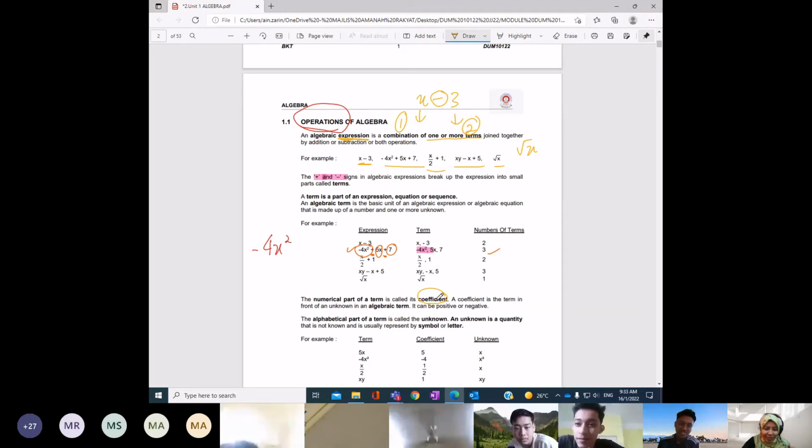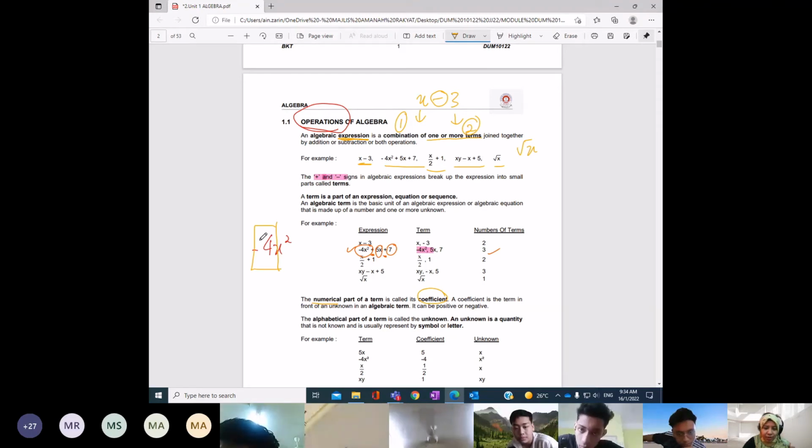Coefficient. Alright, so now we are talking about coefficient. Coefficient is the numerical part of a term. Numerical part of a term is this one lah. Alright, so kalau term tu ada, kita panggil unknown lah kan, kat sini kan ada unknown, lepas tu dia ada numbers, that numbers is going to be your coefficient.